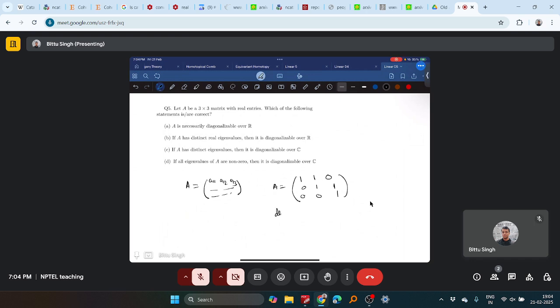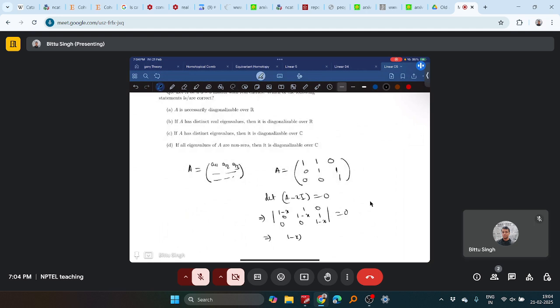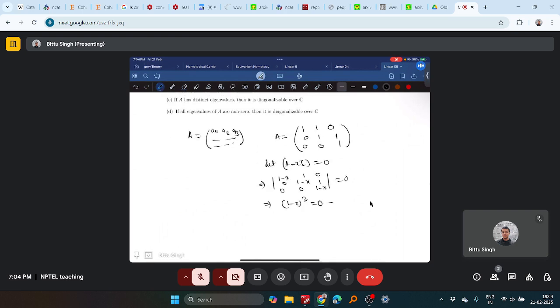So you can see that if we solve the equation determinant of A minus xI equal to 0, then it will take the form (1 minus x) times (1 minus x), and other things are the same, equal to 0. If you expand, this is the same as (1 minus x) whole cube. Just expand with respect to the first column. This is easy to see. So (1 minus x) cubed equal to 0 will imply x equal to 1.